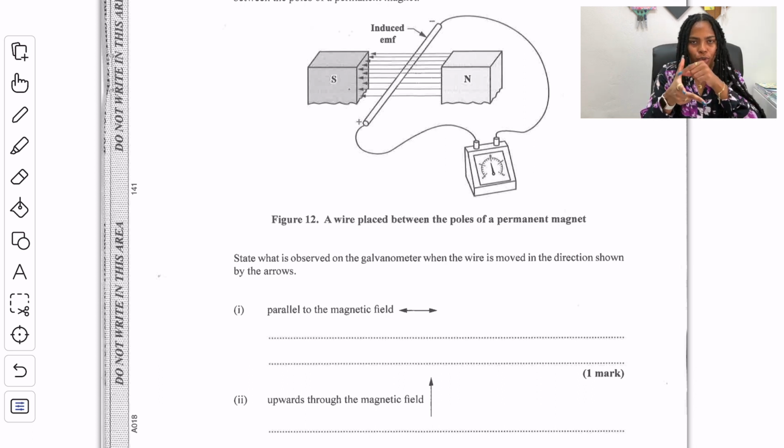FBI: force or movement, B for magnetic field or magnetic flux, I for induced current. Now, first they said if it's moving parallel to the magnetic field. So a current is only induced if the conductor is cutting the flux lines, as in cutting those lines that we see going from north to south. So it means in the first instance, there's no deflection.